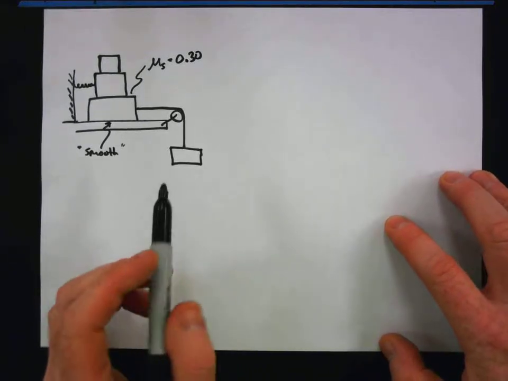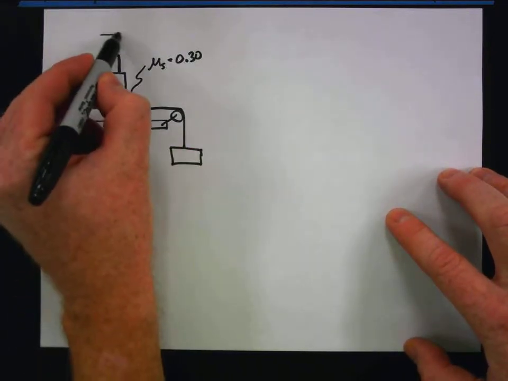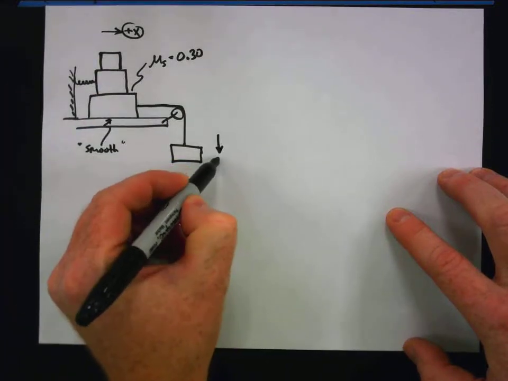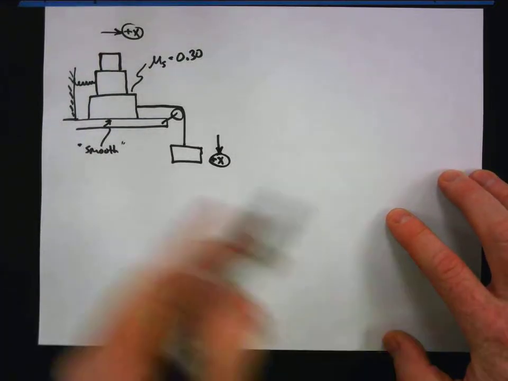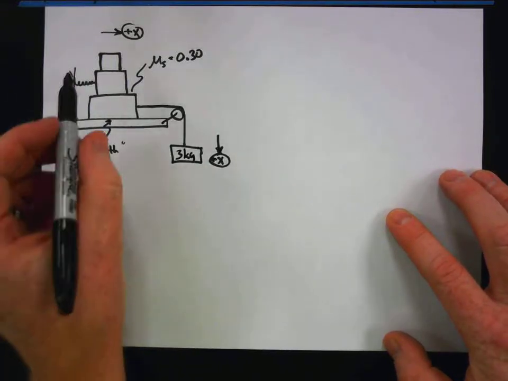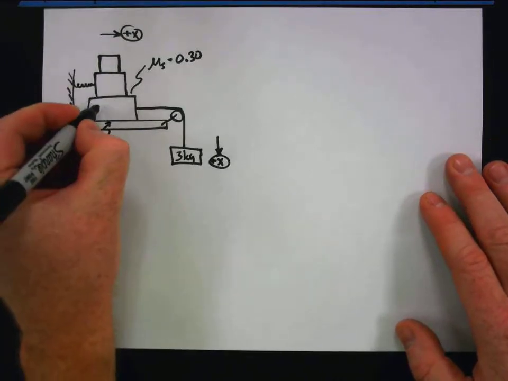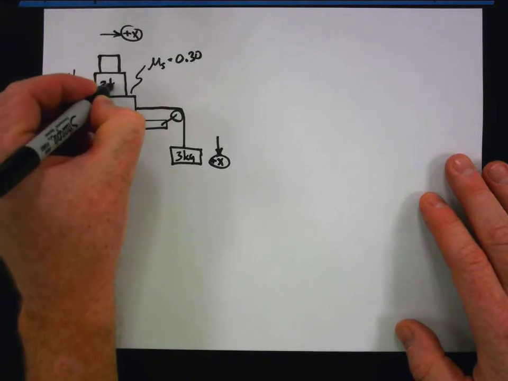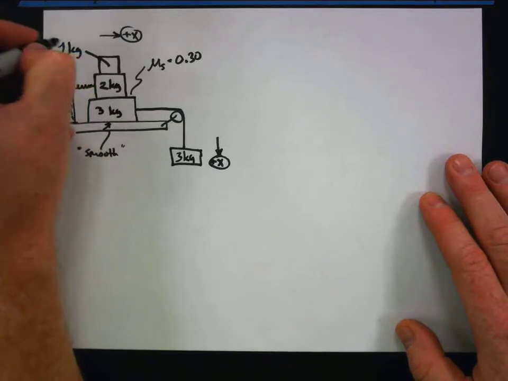It's just a number, it's just a coefficient. Again, we're going to have the positive x direction, and here, for this object, the positive x direction. We're going to keep this object 3 kilograms. This total mass is still going to be 6 kilograms, but we're going to break it up a little bit. This is going to be 3 kilograms here. This is going to be 2 kilograms. And here, 1 kilogram on the top block.